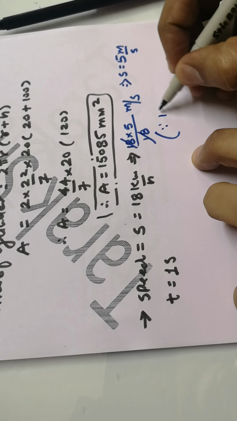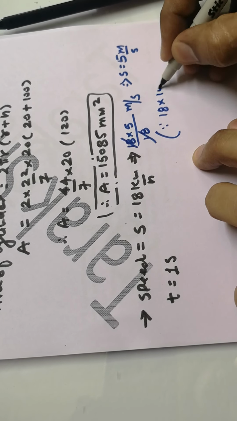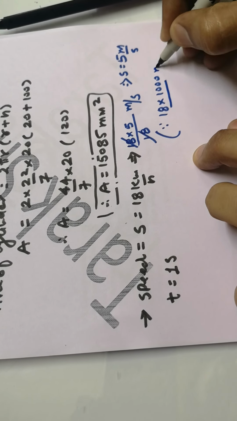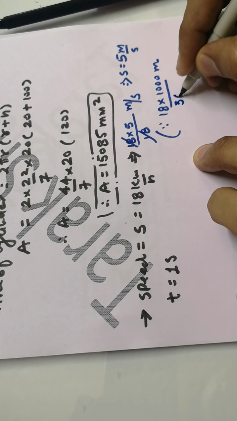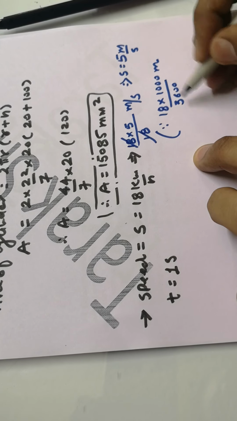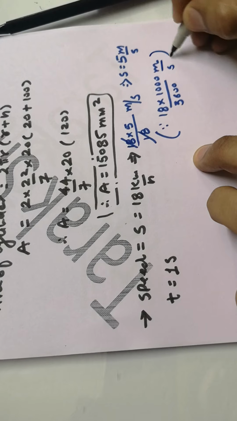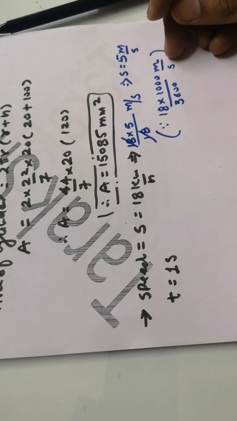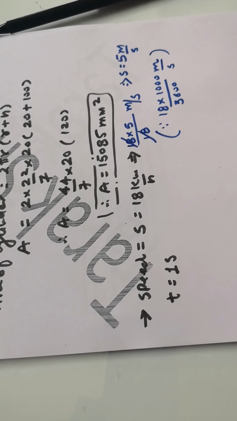Or at initial level, kilometer is 1000 meters, and hour to second is 3600 seconds. So the 00 cancel out, and it is 5 by 18. Always have a habit to convert kilometer per hour into meter per second, and that will make your task much easier.